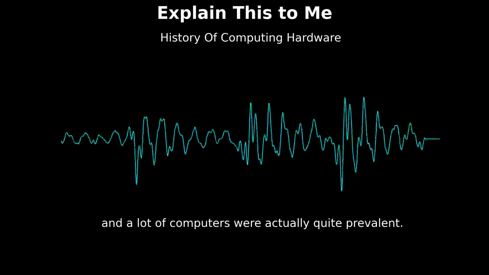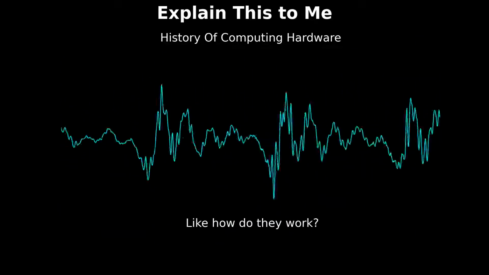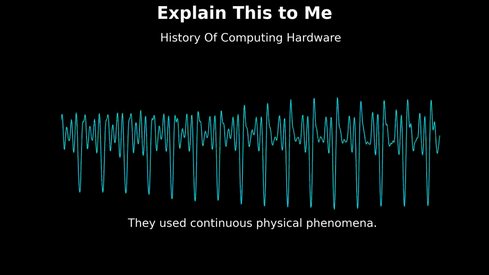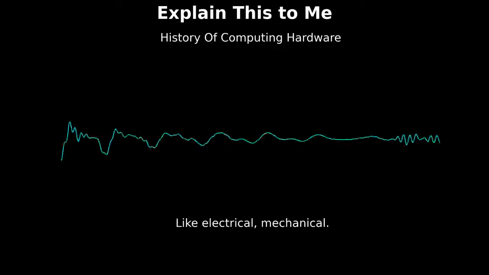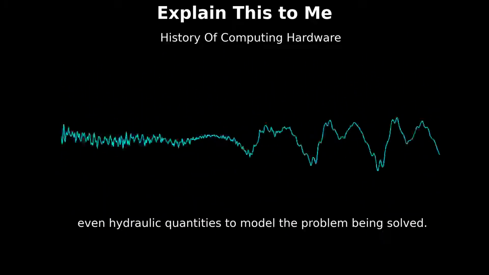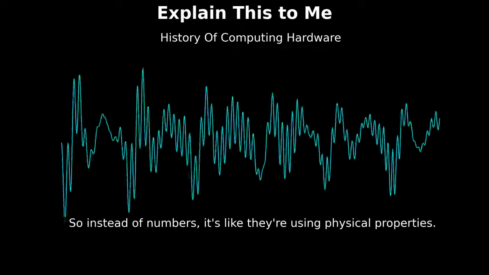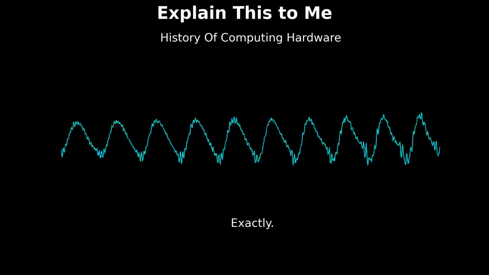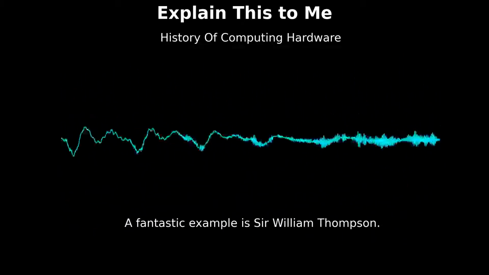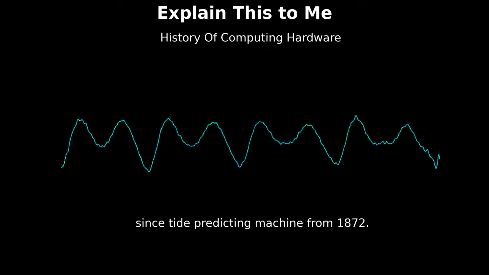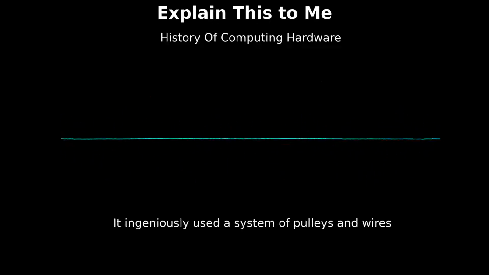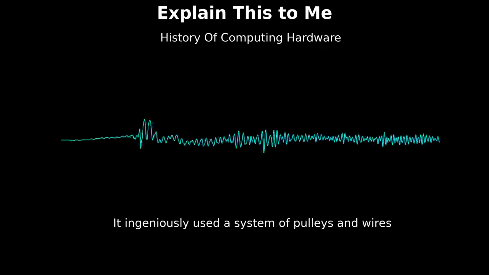They used continuous physical phenomena, like electrical, mechanical, or even hydraulic quantities, to model the problem being solved. So instead of numbers, it's like they're using physical properties. Exactly. A fantastic example is Sir William Thomson's tide predicting machine from 1872. It ingeniously used a system of pulleys and wires to automatically calculate predicted tide levels.